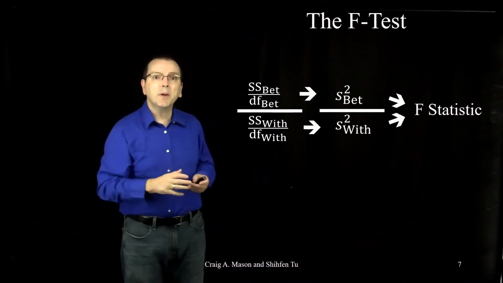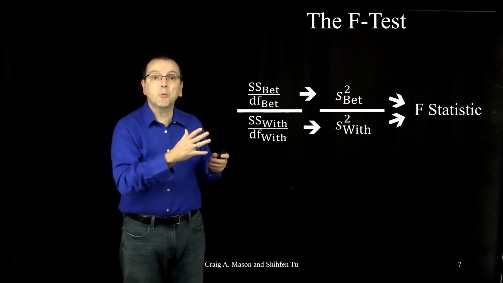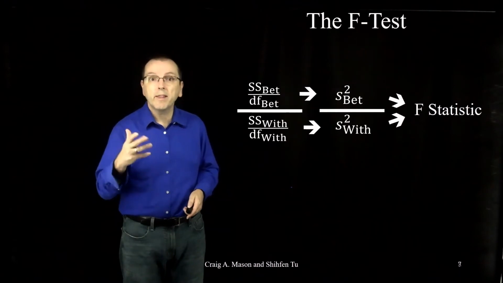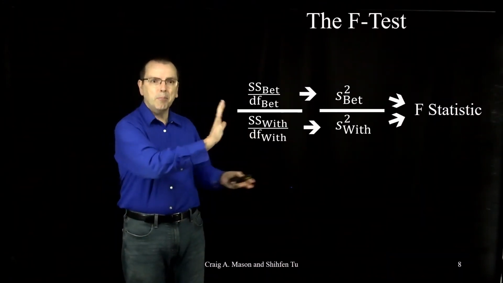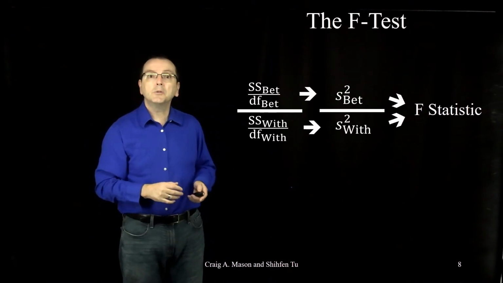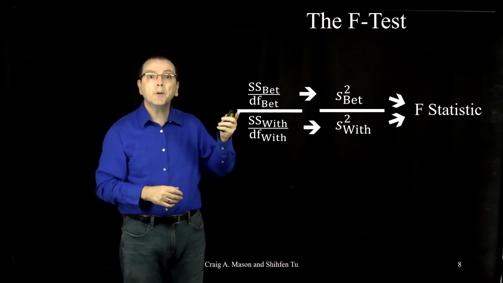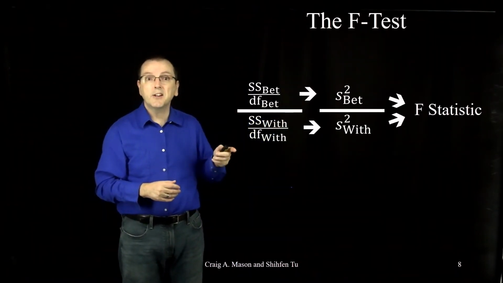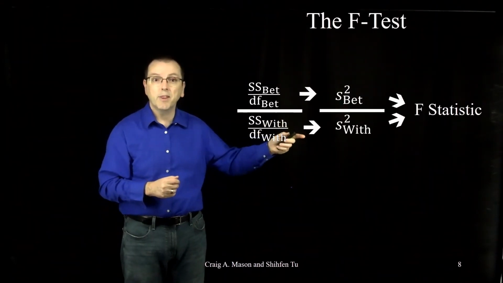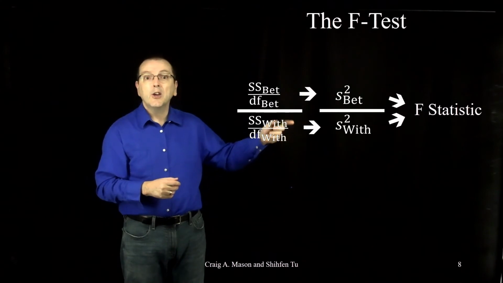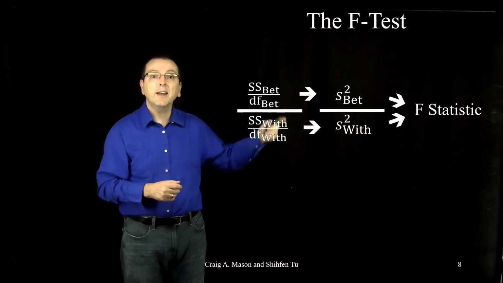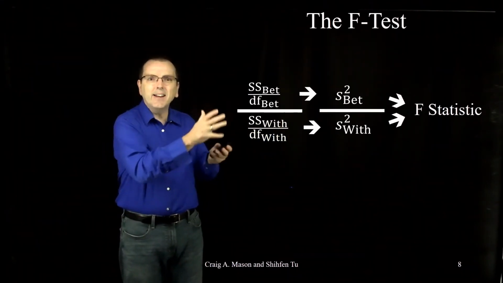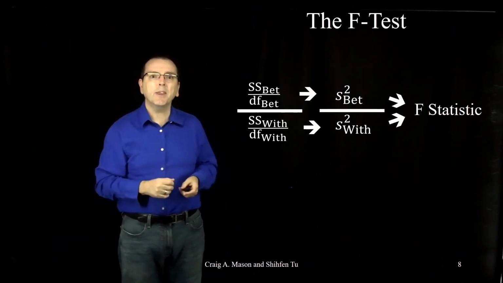Now, to streamline the language a bit, we'll refer to these as just the sum of squares and degrees of freedom between, and the sum of squares and degrees of freedom within.